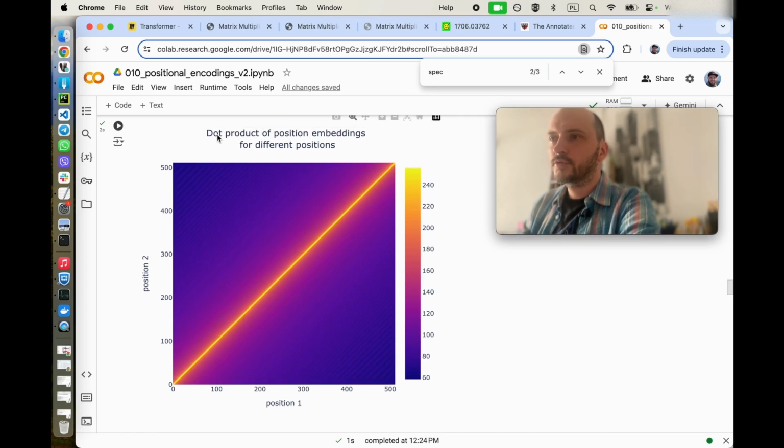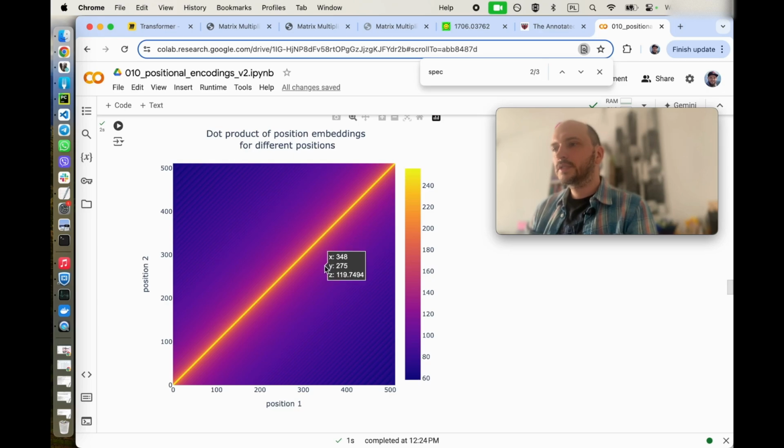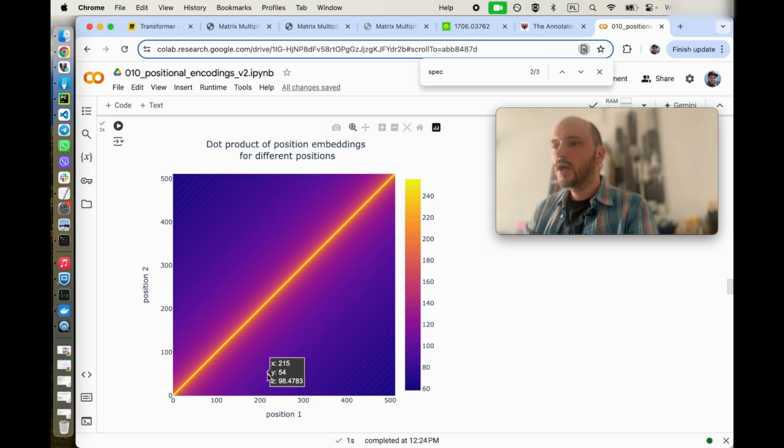I'm showing dot product here, but sometimes people show cosine similarity, which is almost the same thing, to see how multiplication of the encoding vector at a given position.